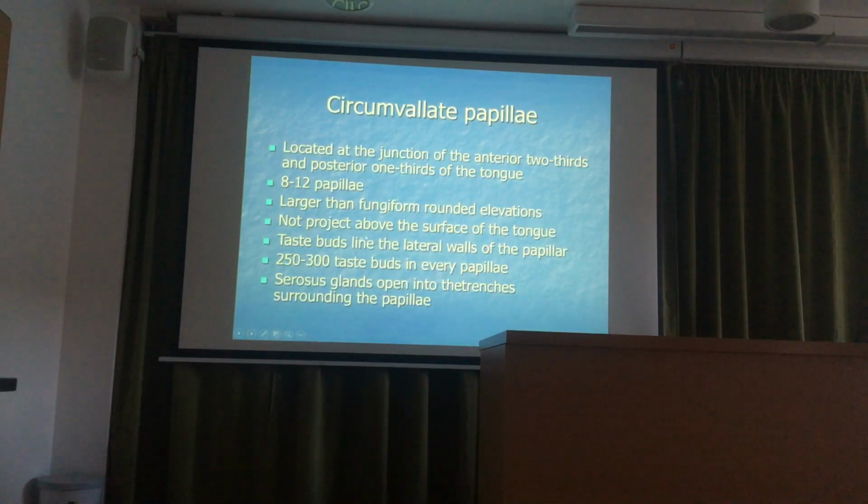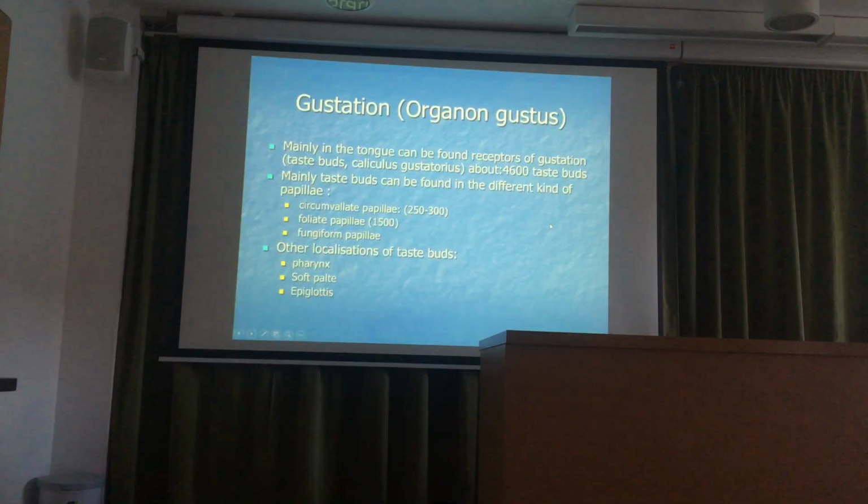They do not project above the surface of the tongue. Taste buds line the lateral walls of the papillae, and each circumvallate papilla has between 250 and 300 taste buds. Serous glands open in the fissures surrounding the papillae. It's important, serous glands, okay, can be an exam question.